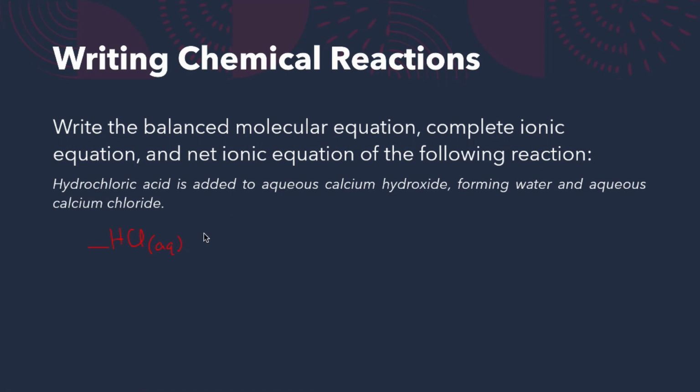Now this is added to aqueous calcium hydroxide, and since the state is given here, we will write that as aqueous. Now calcium is simple enough, we're going to have calcium in there, and hydroxide is a polyatomic ion with a charge of -1. Now calcium, if you recall, has a charge of +2, and we need our compounds to be net neutral, which means they have an overall charge of 0.